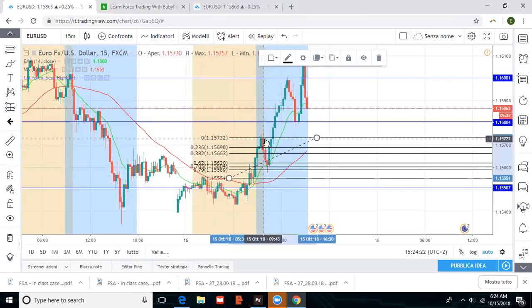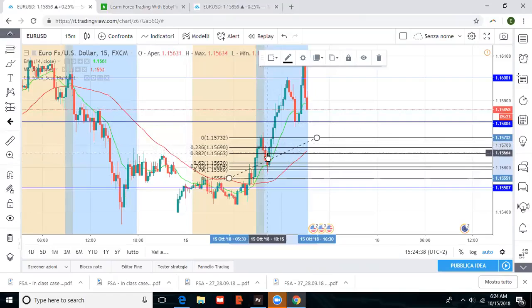Then pay attention right now. It started to go back down, and we want to see a bounce from one of our levels to buy and make profits going up. So it started to go down, and I entered. You want to enter your first trade at the 62 level.